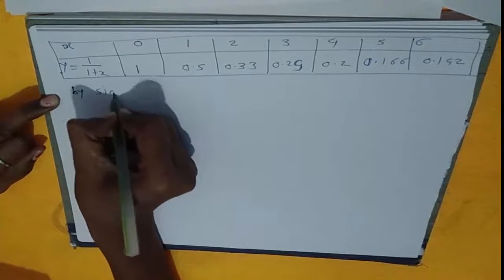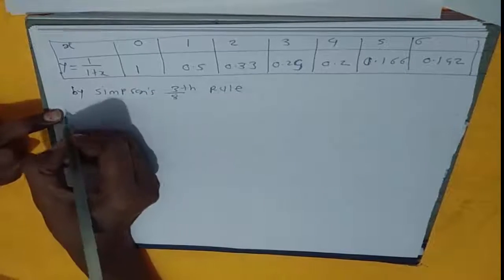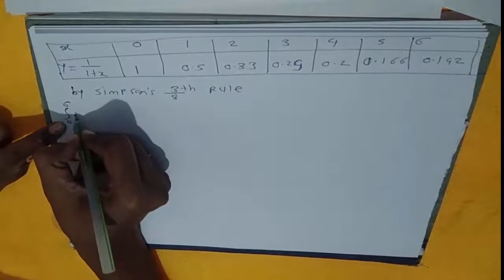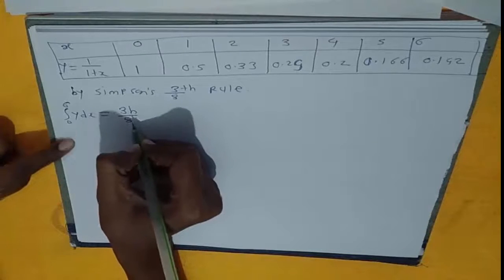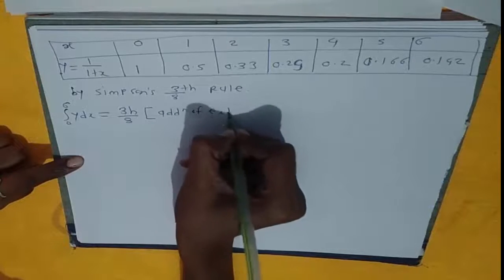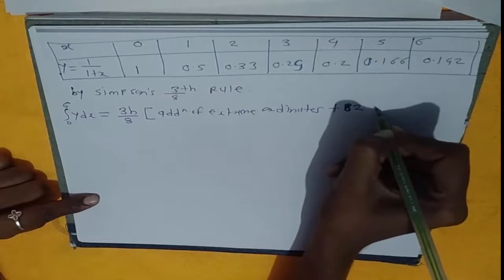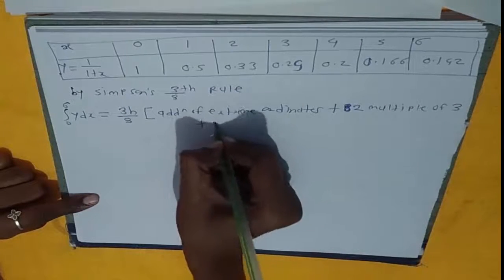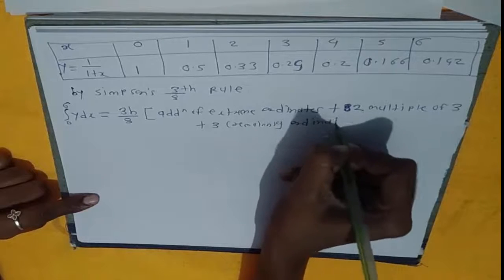Okay, then by Simpson's 3/8 rule, we know that the Simpson's 3/8 rule is used for this integration from 0 to 6 of y dx, which is equal to 3h divided by 8 in bracket, addition of extreme ordinates, plus 2 into multiples of 3, plus 3 into remaining ordinates.